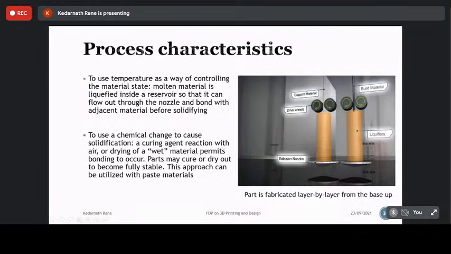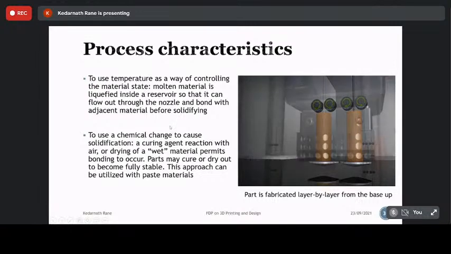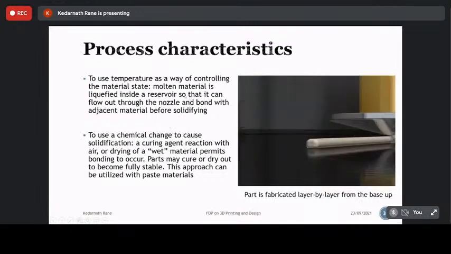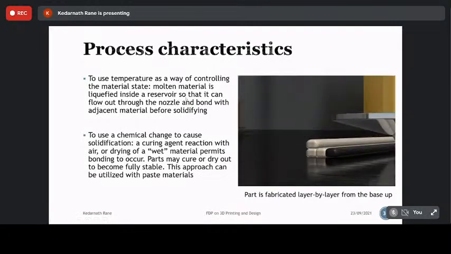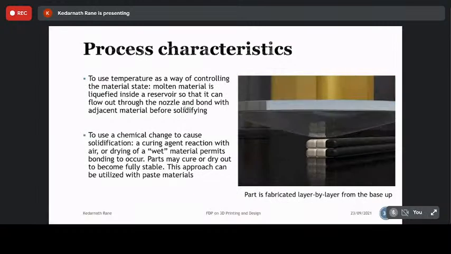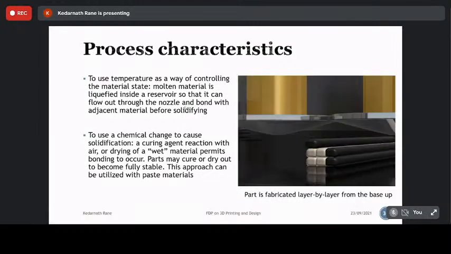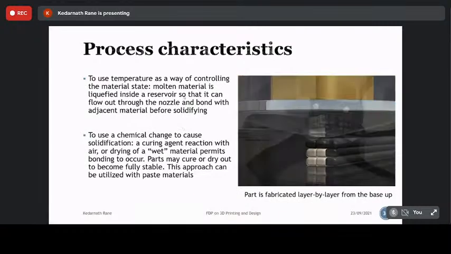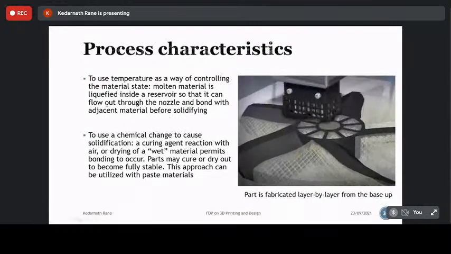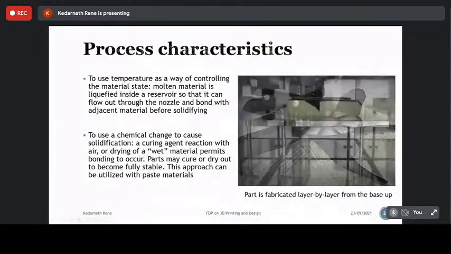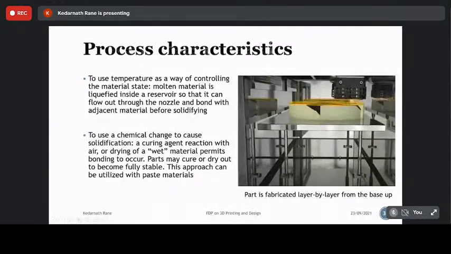The next characteristic is the temperature, when the material is in molten form. There are a few papers I published recently where the melt characteristics of the material inside the liquifier, or inside the reservoir, are modeled through CFD analysis.